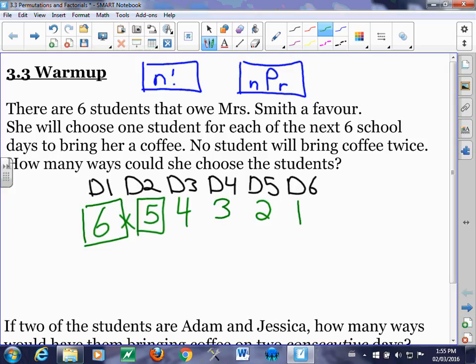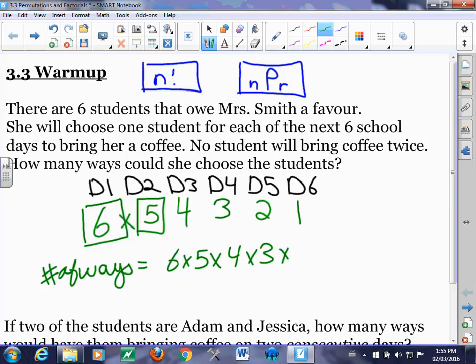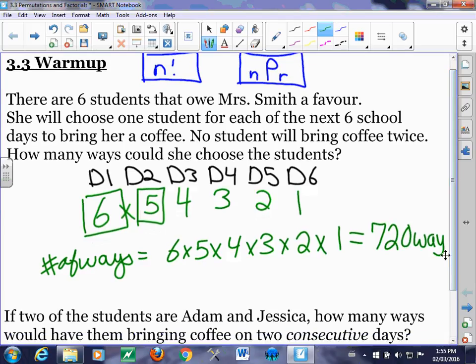So to figure out the number of ways, we're going to take 6 times 5 times 4 times 3 times 2 times 1 and plug that in your calculator, and you will notice that there's 720 different ways. Now you might say, hey Miss R, is there a shortcut to plugging that in the calculator? And yes, there is.